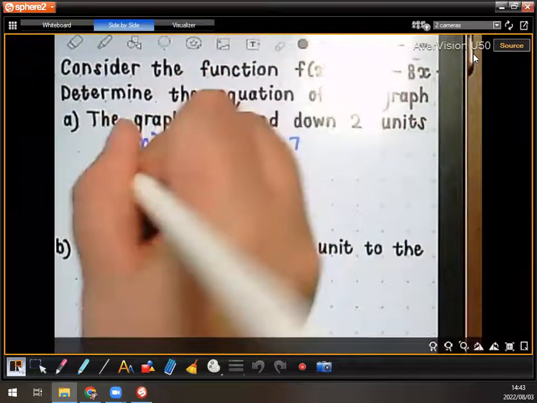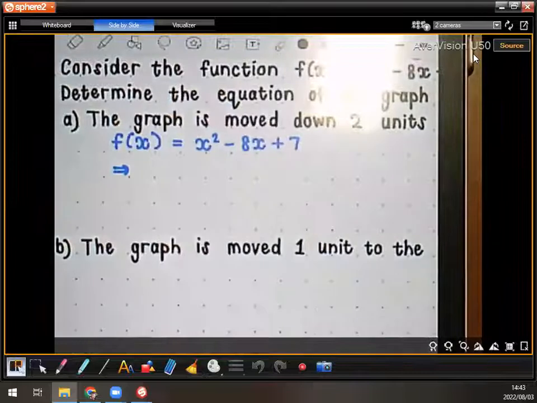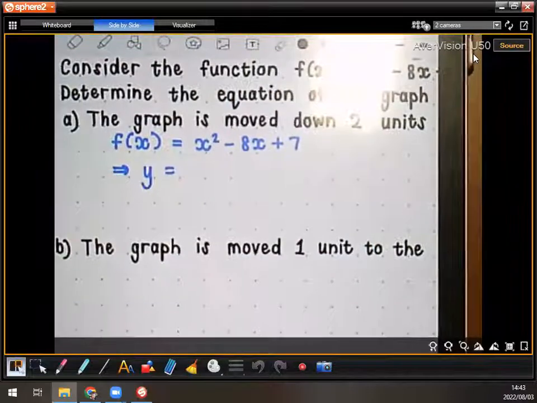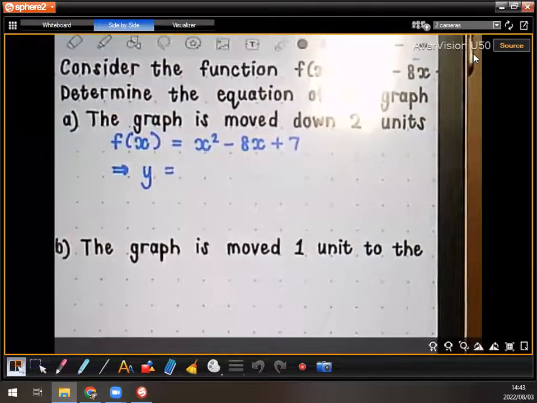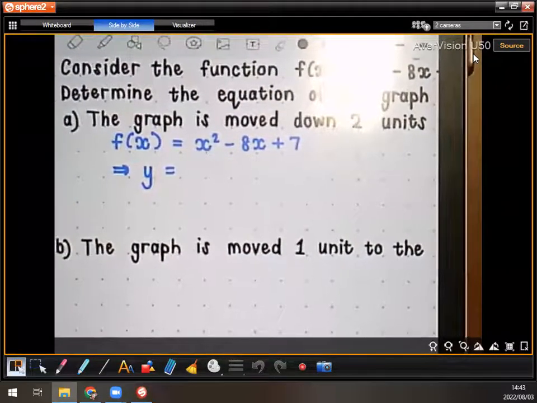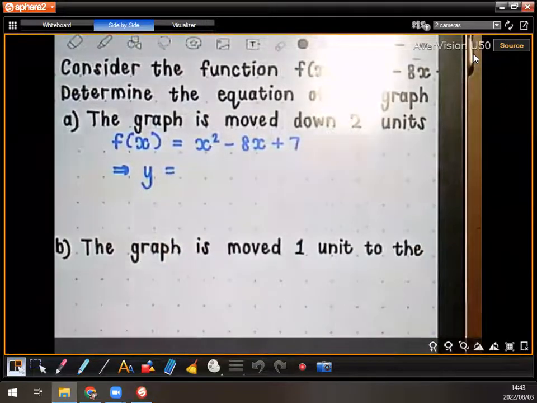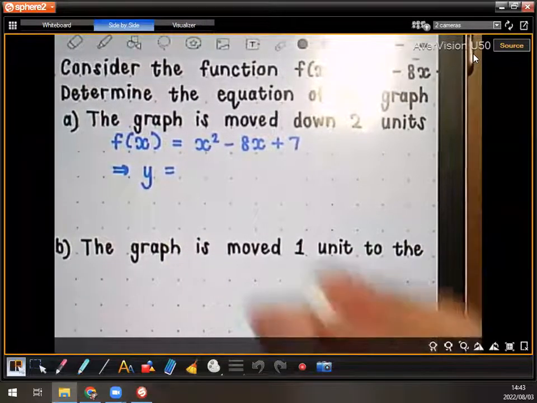So now, guys, we can't say f of x again, because it's not f of x. It's a new graph. We don't know what the name of this new graph is, so we're just going to say y. Usually they do give a new name for the question. They'll say, find the equation of h if h is f moved down 2. So if they did that, you would write h of x. Okay, they didn't give us a name here, so we're just going to write y.